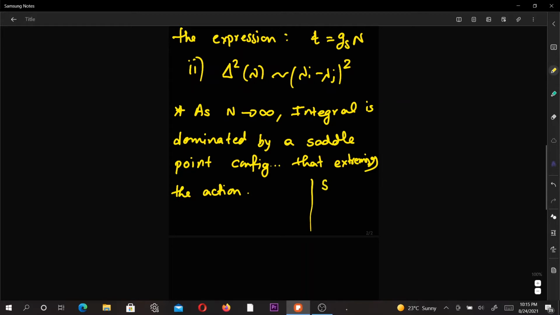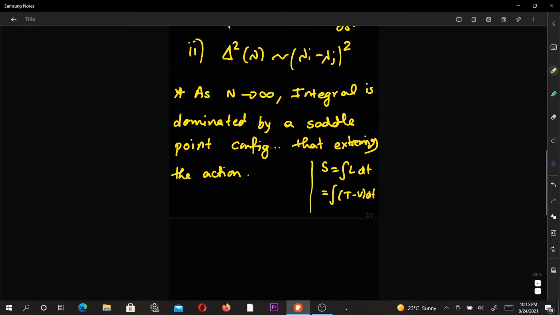The action in classical mechanics is just the integral of L dt, where L is the Lagrangian, which can be written as T minus V. Hamilton's principle states that the path a particle will take is such that this quantity we call the action is extremized.